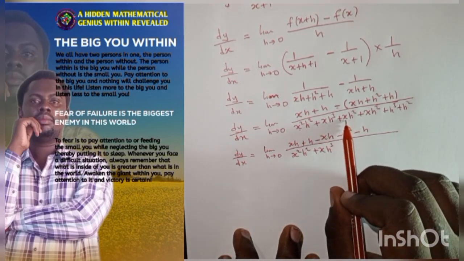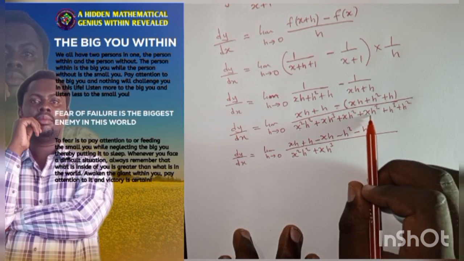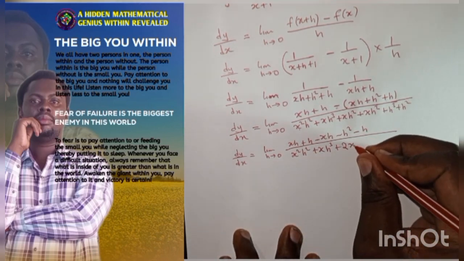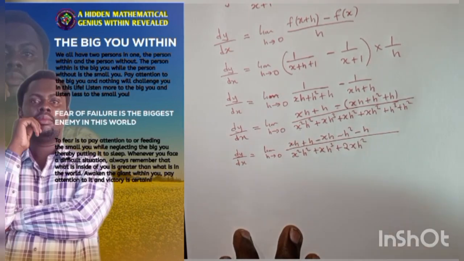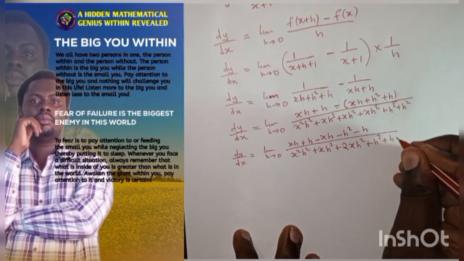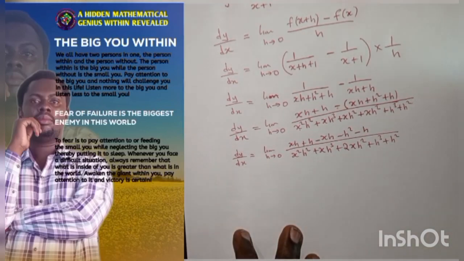And this one x h squared, there's also x h squared, so we are going to have plus 2x h squared, then plus we have h cubed plus h squared.